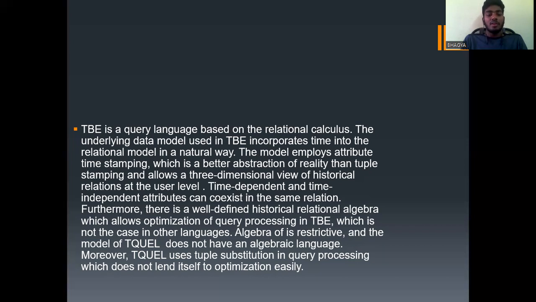Time-dependent and time-independent attributes can coexist in the same relation. Furthermore, there is a well-defined historical relational algebra which allows optimization of query processing in TBE, which is not the case in the other languages.